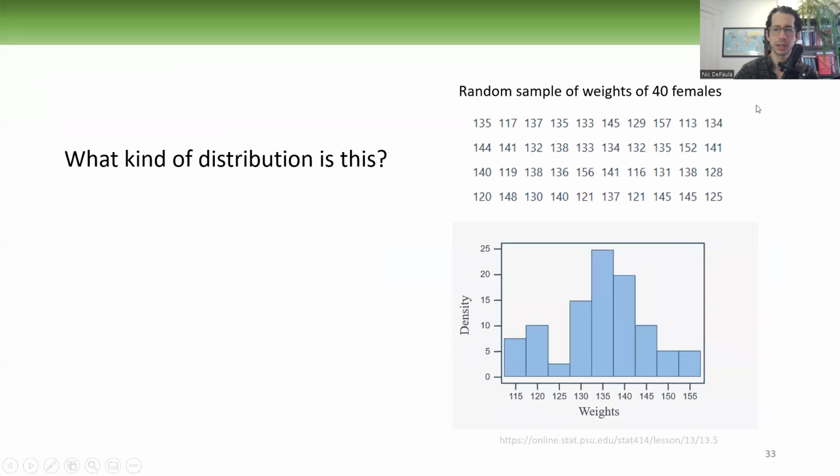So an interesting exercise here. Random sample of weights of 40 females. What kind of distribution is this? What do you think? Pause the video and think about it. Well, I think this is a symmetrical distribution.